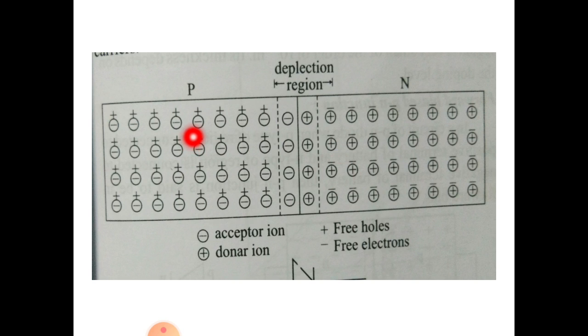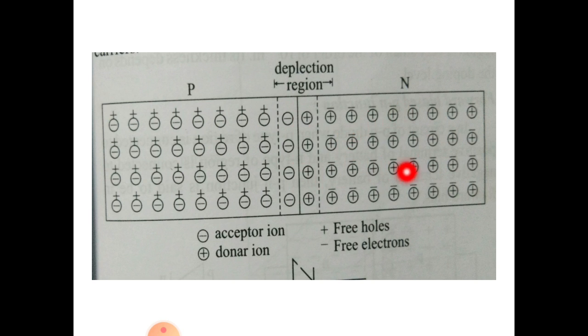So in the P type region there are acceptor ions, and these acceptor ions diffuse towards the junction, towards this border line.